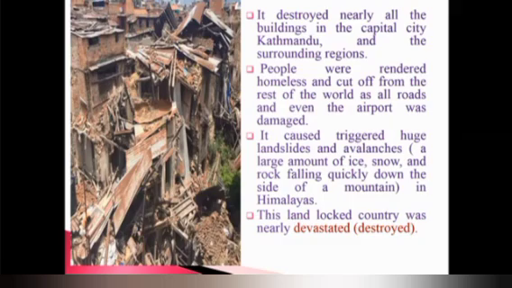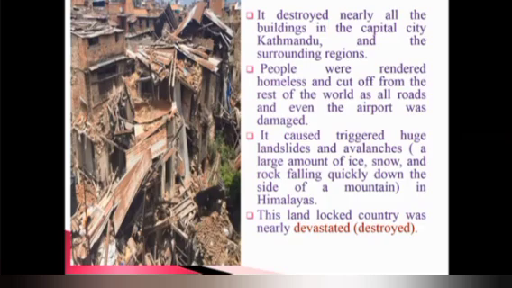Students, here we can see the picture of destroyed buildings. During the earthquake, people were rendered homeless and cut off from the rest of the world, as all roads and even the airport were damaged.